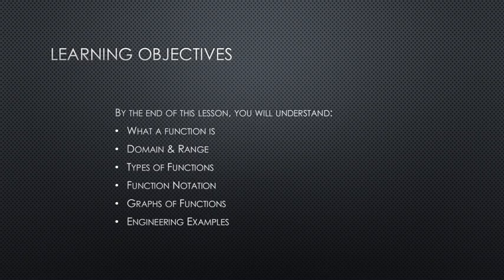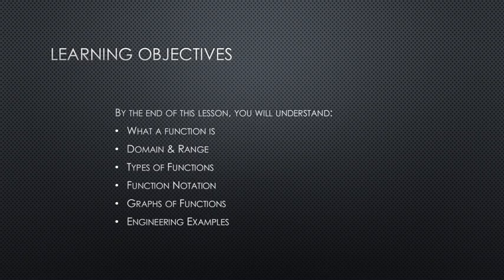By the end of this lesson, you should be comfortable with 6 important ideas. First, we'll define what a function actually is. Second, we'll learn about domain and range. Third, we'll look at some common types of functions that appear frequently in engineering.